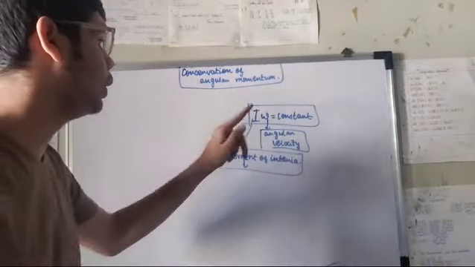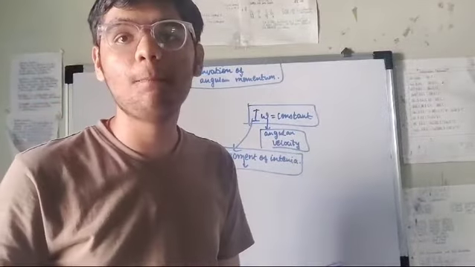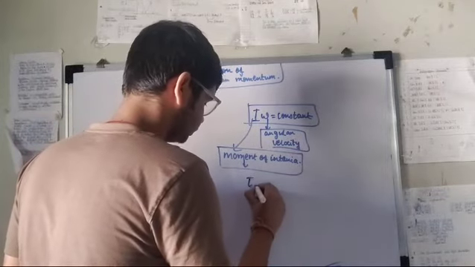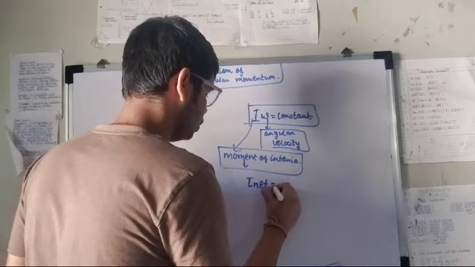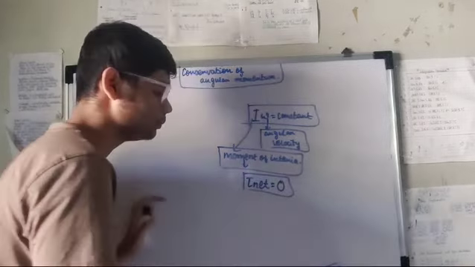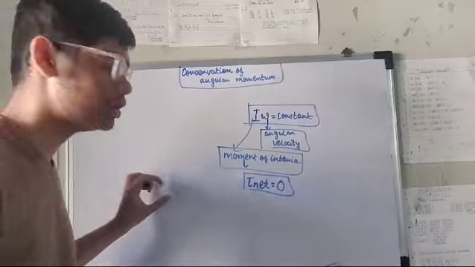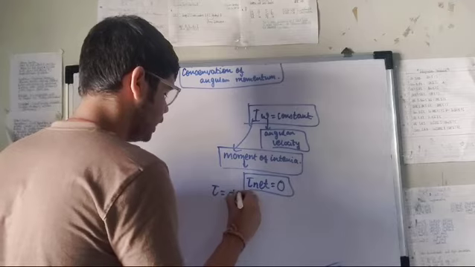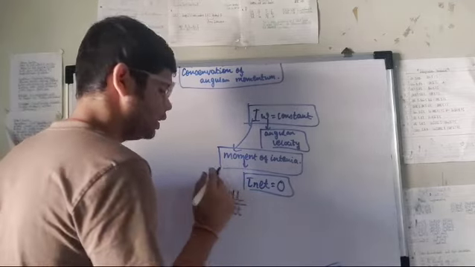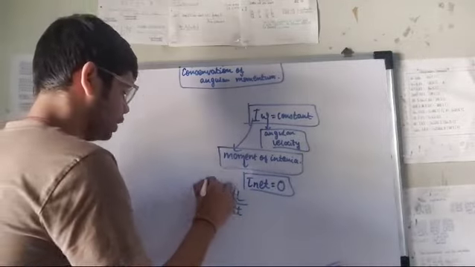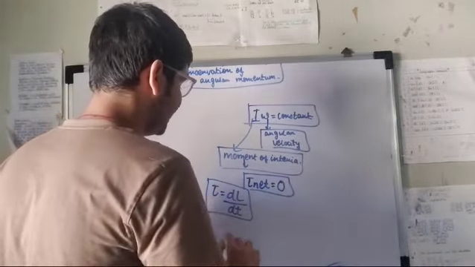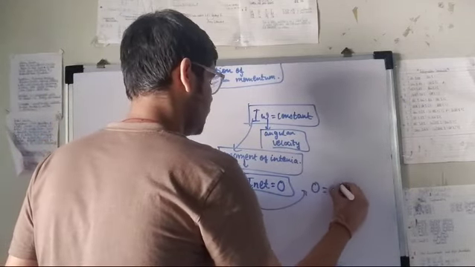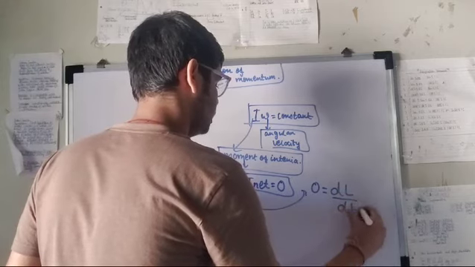This is angular momentum, and when it is constant, what is meant is that tau net is 0. When tau net is 0, as you know the relation tau equals dL by dt, where L is the angular momentum, and if net tau is 0, then 0 equals dL by dt.